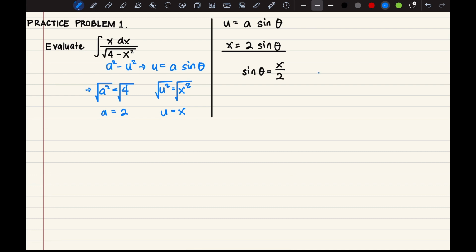So we have a sine function from the concept of SOHCAHTOA. The numerator will be our opposite side, and then our denominator will be the hypotenuse side. So taking this as theta, we have the opposite side, x, and the hypotenuse side, 2.